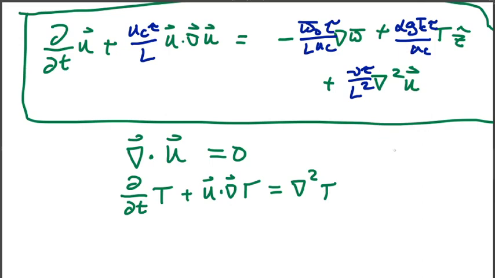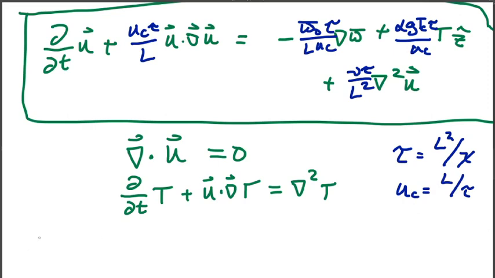And I'm going to recall that we've chosen here that t is L squared over chi, and that u characteristic is L over tau. So we're going to apply these up in the momentum equation.